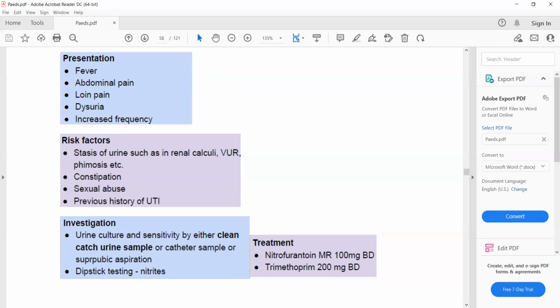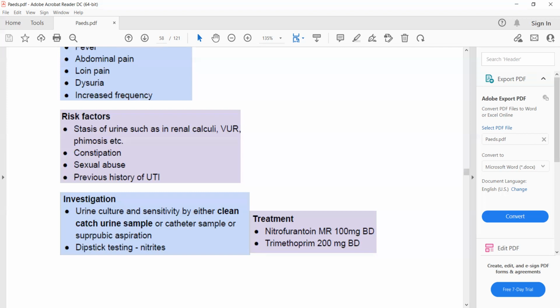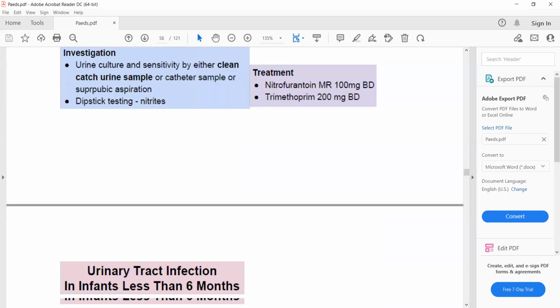And if a clean catch urine sample is not possible to obtain, then we can use a catheter sample or a suprapubic aspiration. And the treatment would be nitrofurantoin 100 milligram BD or trimethoprim 200 milligram BD.